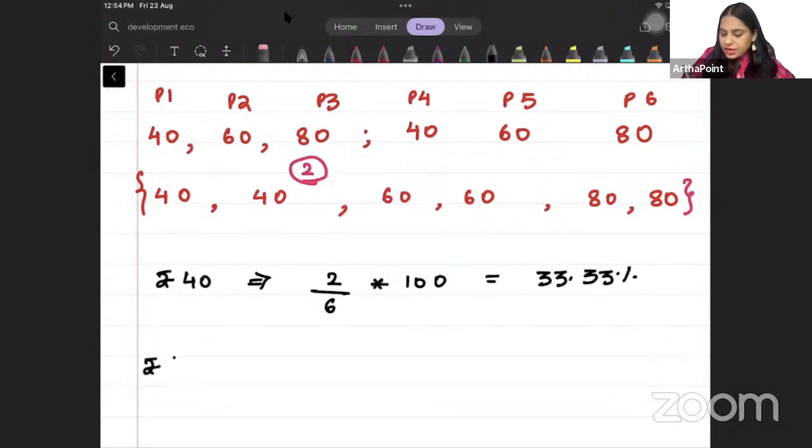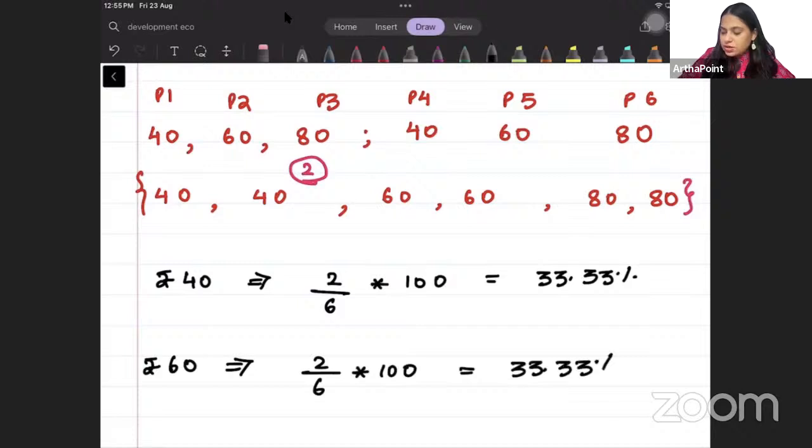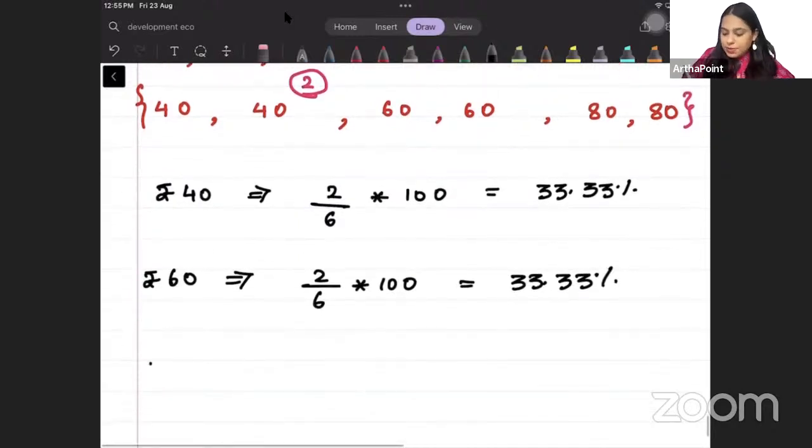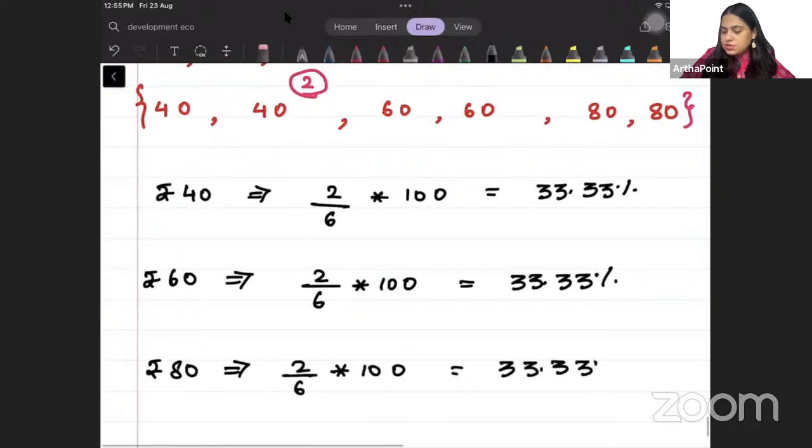How many people are earning 60 rupees? 2 people out of 6 people into 100. So 33% of the people are earning 60 rupees. How many people are earning 80 rupees? 2 out of 6 into 100. 33.33% of the people are earning 80 rupees.